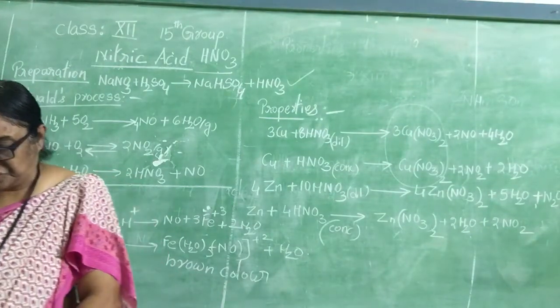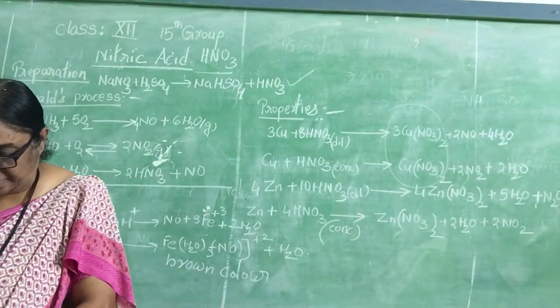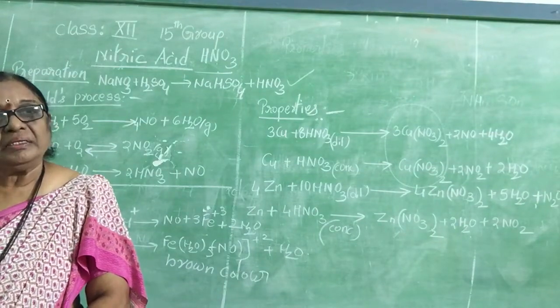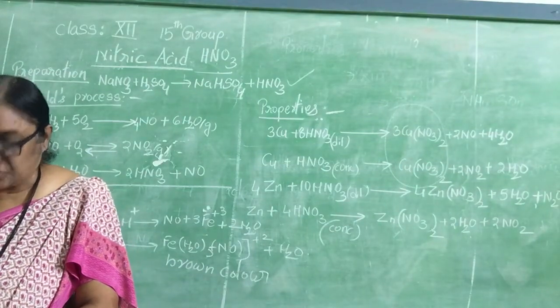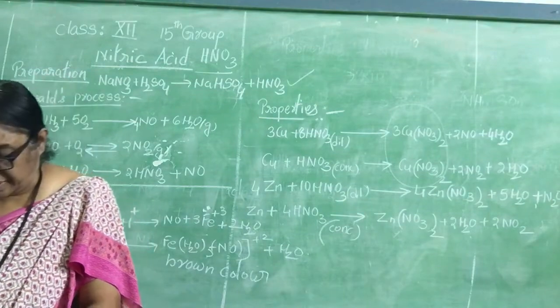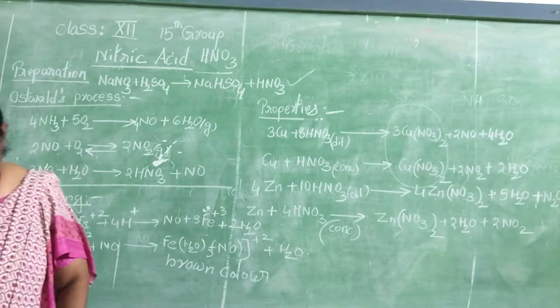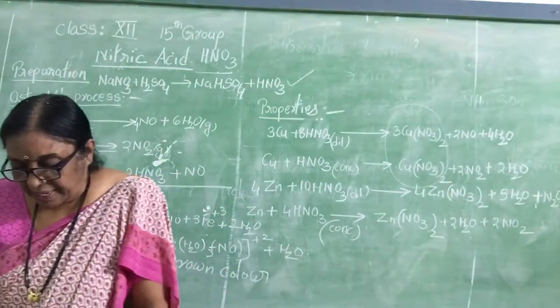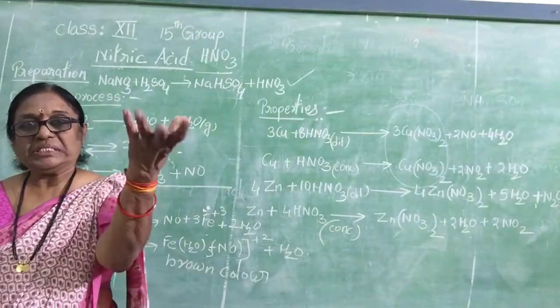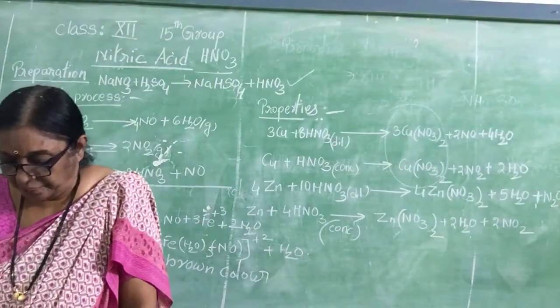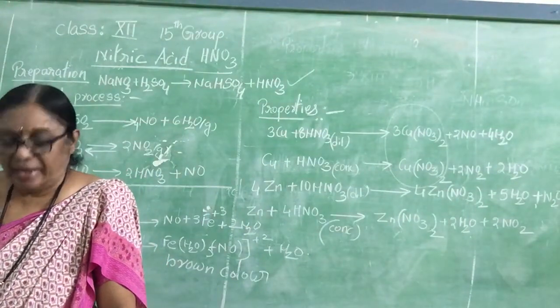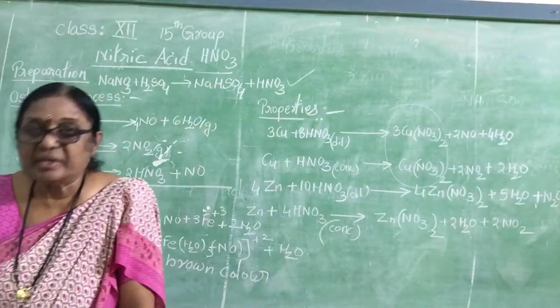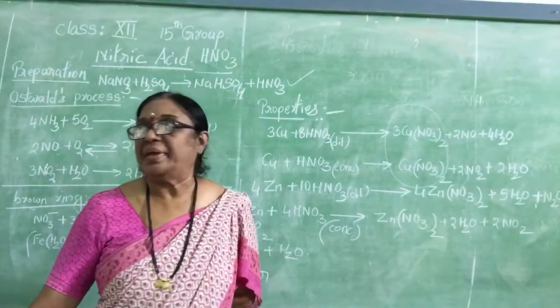White phosphorus is a transparent waxy solid. It is poisonous, insoluble in water but soluble in carbon disulfide, and glows in dark. It glows in dark because of chemiluminescence. It dissolves in boiling NaOH solution in an inert atmosphere giving PH3.